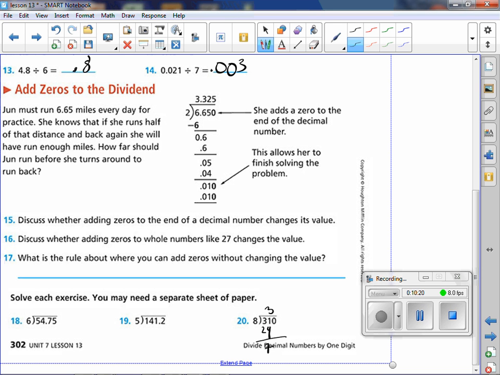I'm sorry, guys, I'm going to run into that other number, that writing right there. 70 then divided by 8 is 8. 8 times 8 is 64.